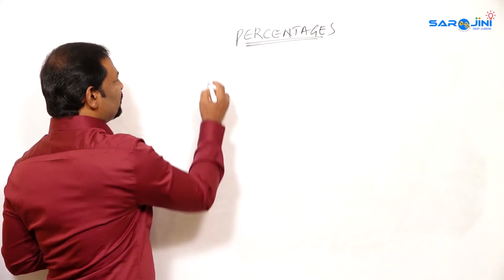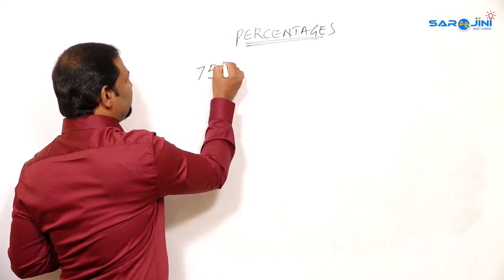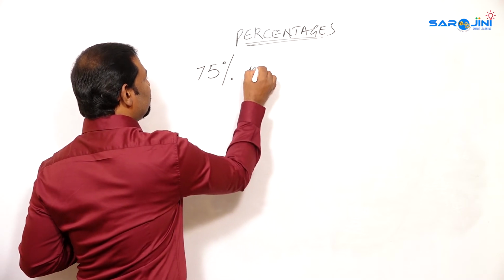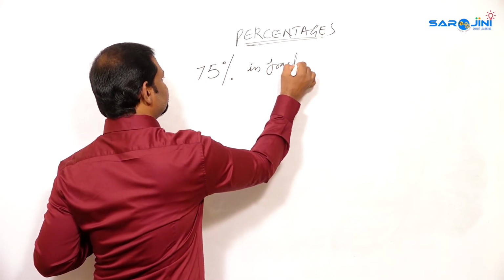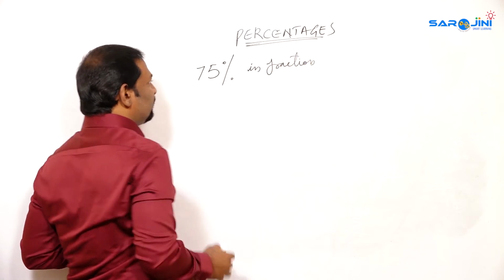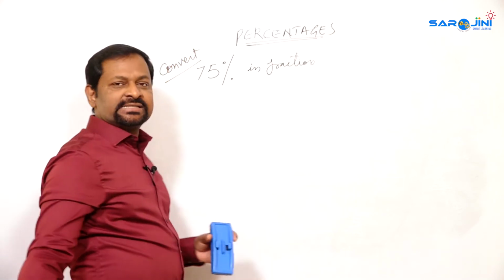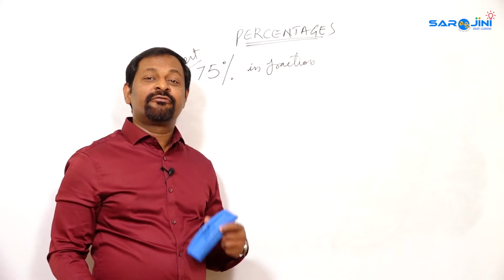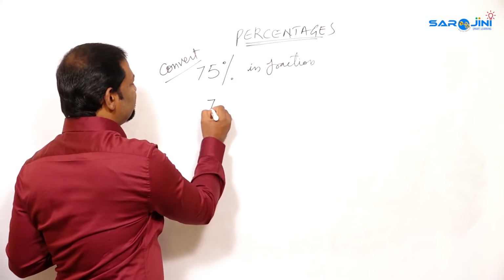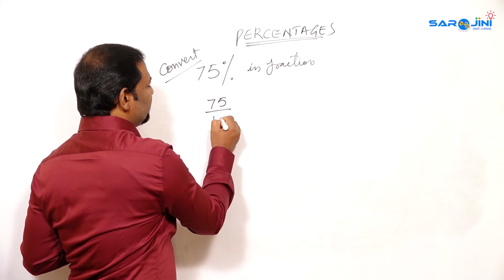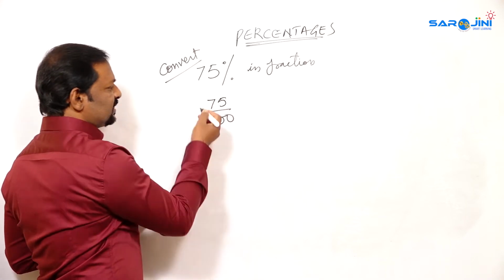One more thing. If anyone asks you to convert 75% into a fraction, 75% means 75 by 100. Is there any chance to cancel in the same table?